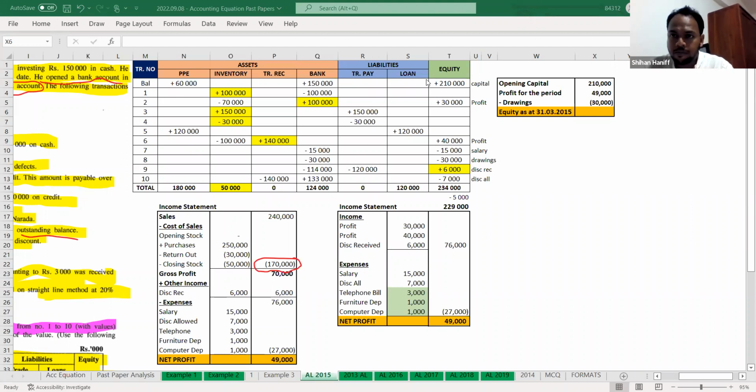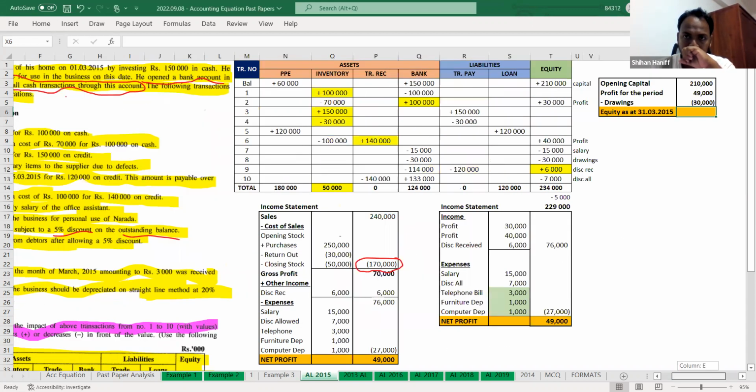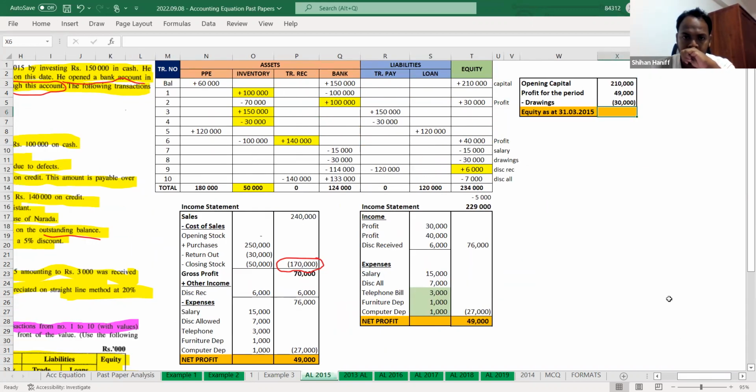So, the capital equation, we are opening the opening capital. It is not the cost of sales.